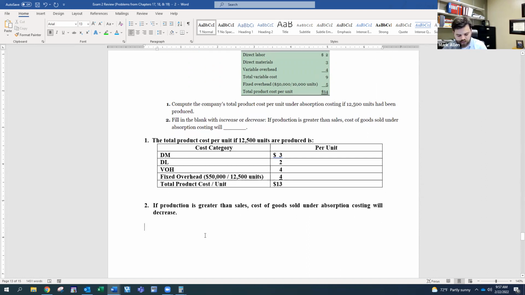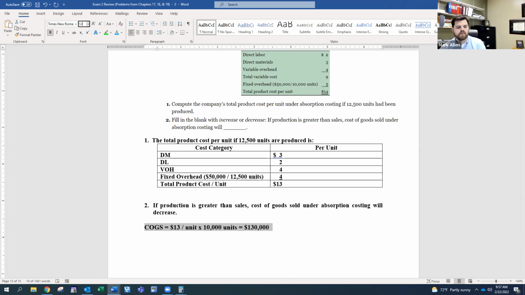So now my cost of goods sold would equal $13 per unit times the 10,000 units, which would be $130,000 versus previously it would have been $140,000. You say, well, where's that extra $10,000 going, or that difference? Well, that difference is now sitting in inventory on the balance sheet because you took that piece of that actual fixed overhead and you now stored it over on the balance sheet as an asset.